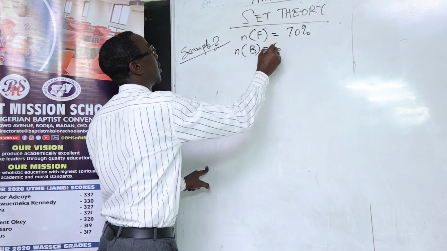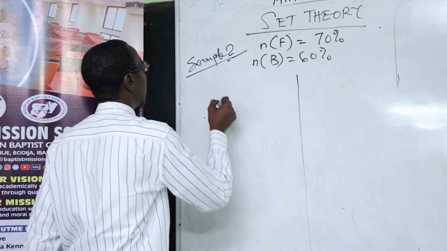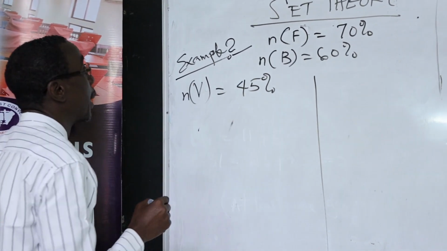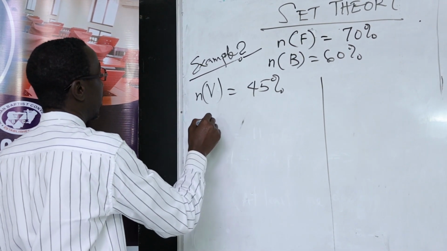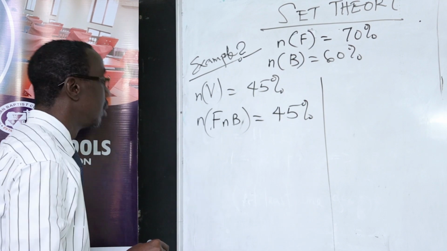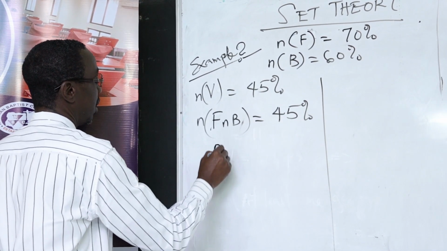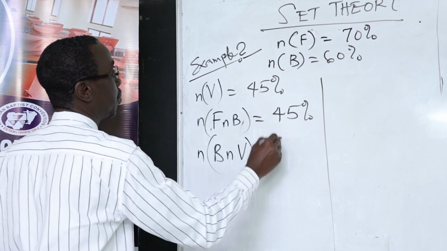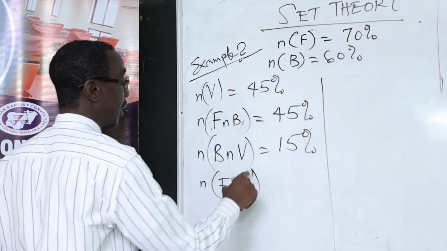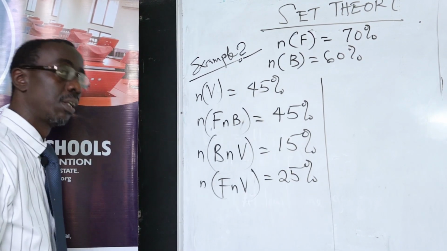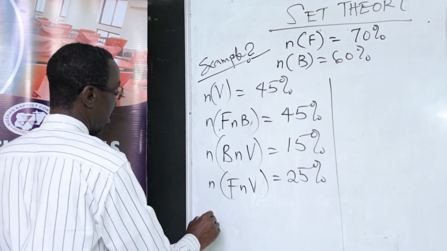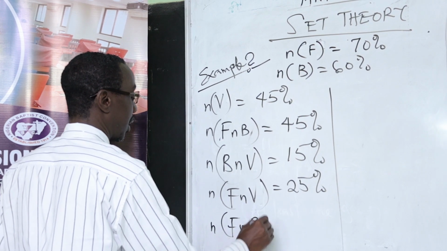For boxing, 60%, and for volleyball, 45%. 45% like football and boxing, football intersection boxing. 15% boxing and volleyball, boxing intersection volleyball. 25% football and volleyball, football intersection volleyball. 5% like all sports, that is football intersection boxing intersection volleyball, 5%.